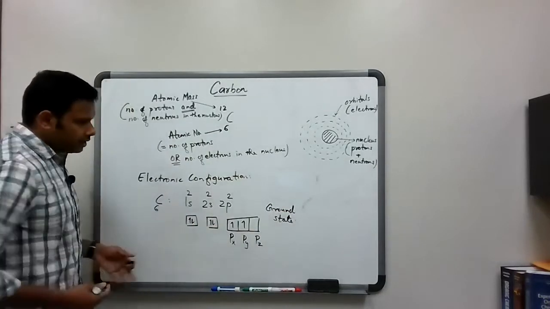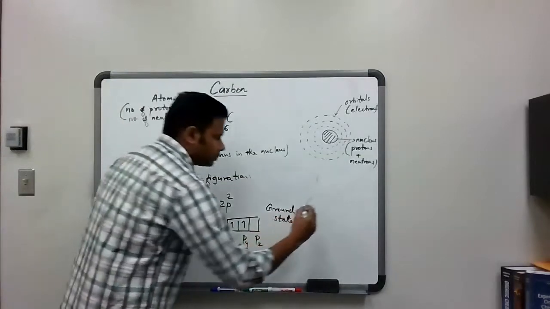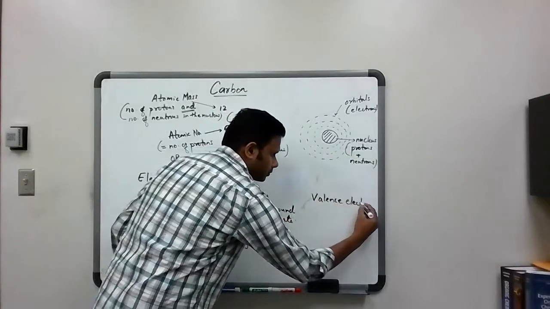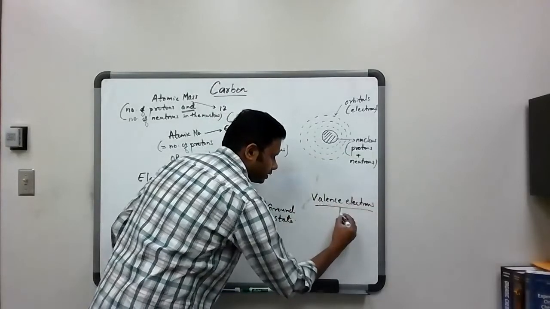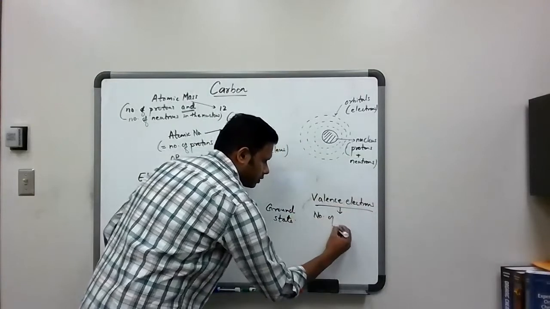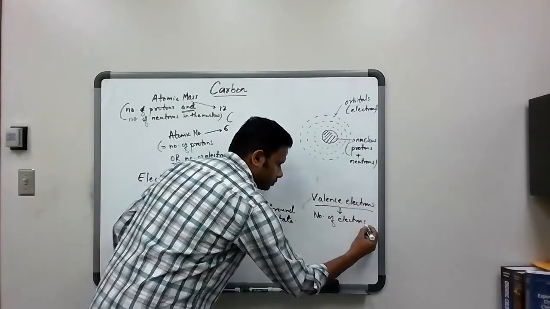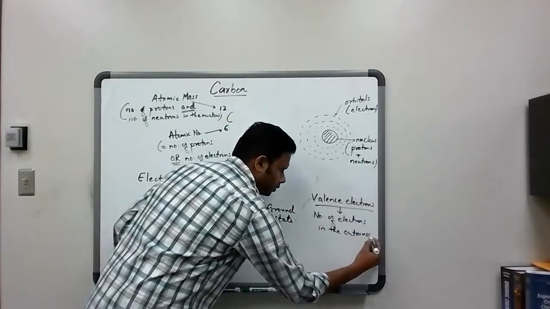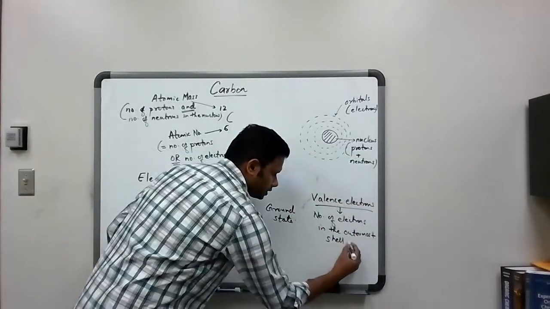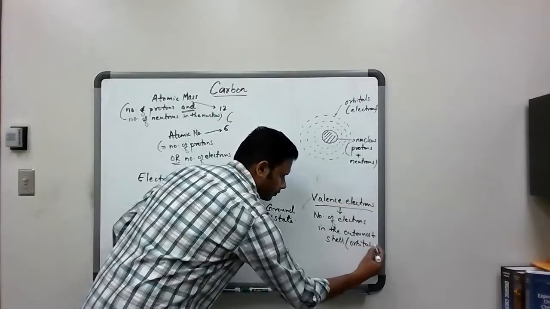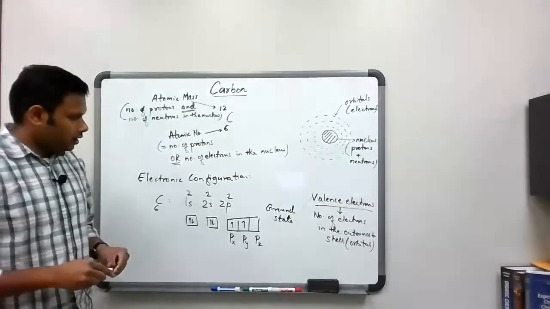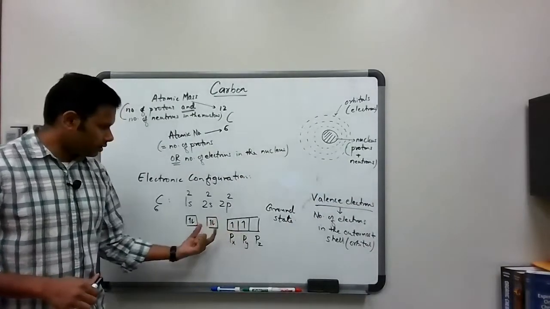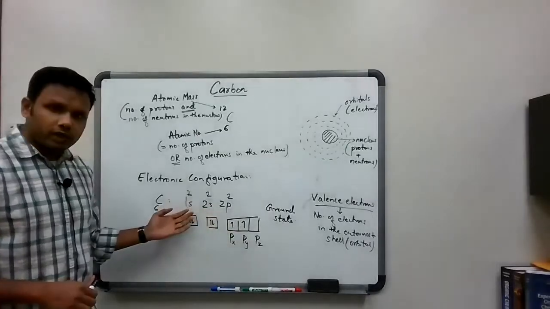And from the electronic configuration, we can also talk about what's called the valence electrons. This is the number of electrons in the outermost shell or orbital. So for carbon, the outermost orbital is the second shell, the 2, not the 1s, that's on the inside.